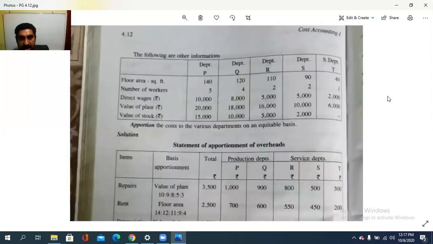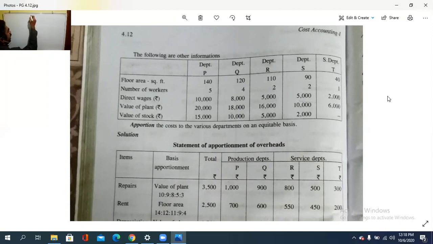Following are the other information. Floor area, so rent on floor area basis. The other items are in proportion. So departments P, Q, R, S, and T. Number of workers, direct wages, value of the plant, value of the stock. So the items mentioned earlier are to be apportioned on these bases. That is the statement of apportionment of overheads.